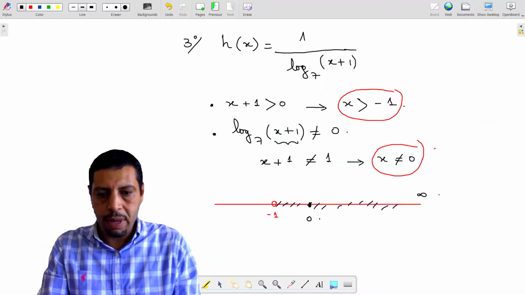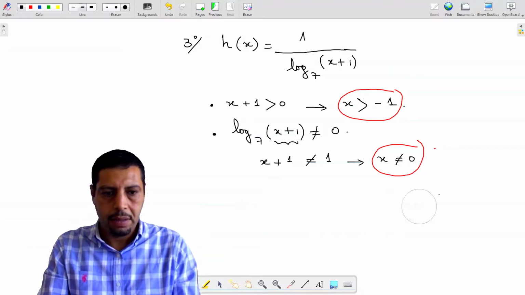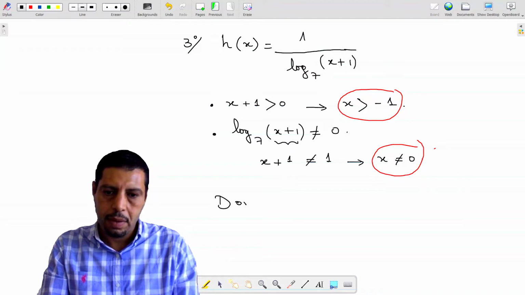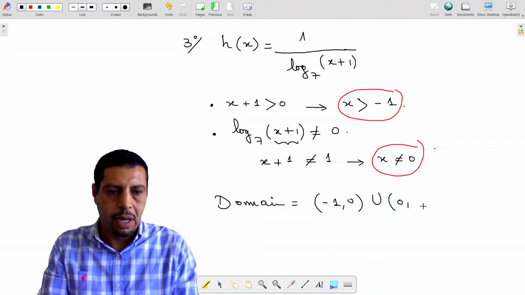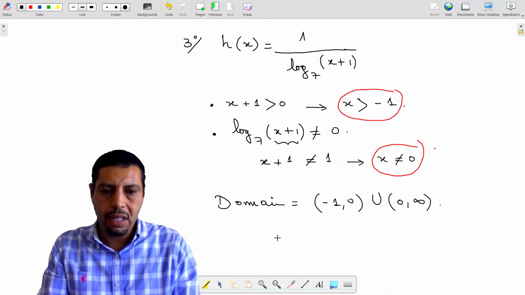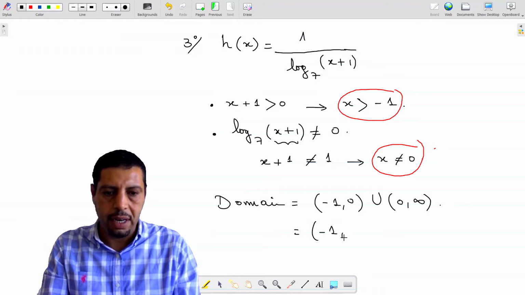So you can write your domain as the union of the two intervals (negative 1, 0) and (0, infinity). Of course, you can write it differently. You can write it as the interval (negative 1, infinity), and you exclude the point 0.